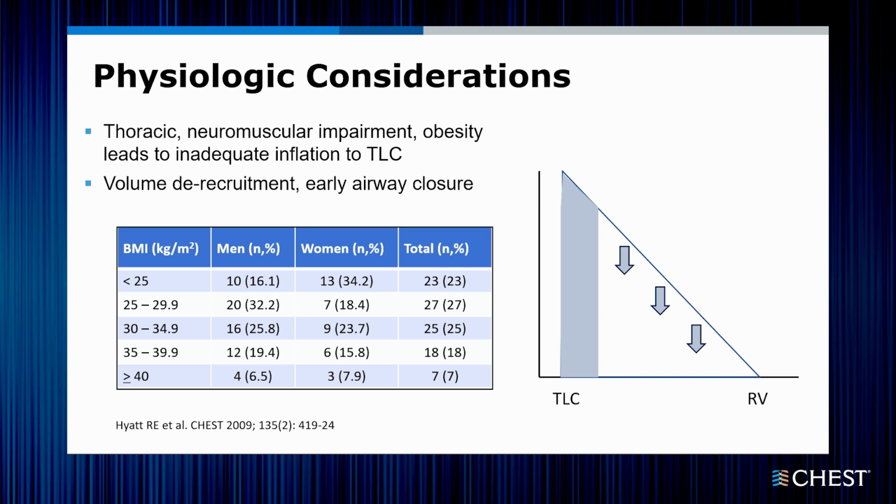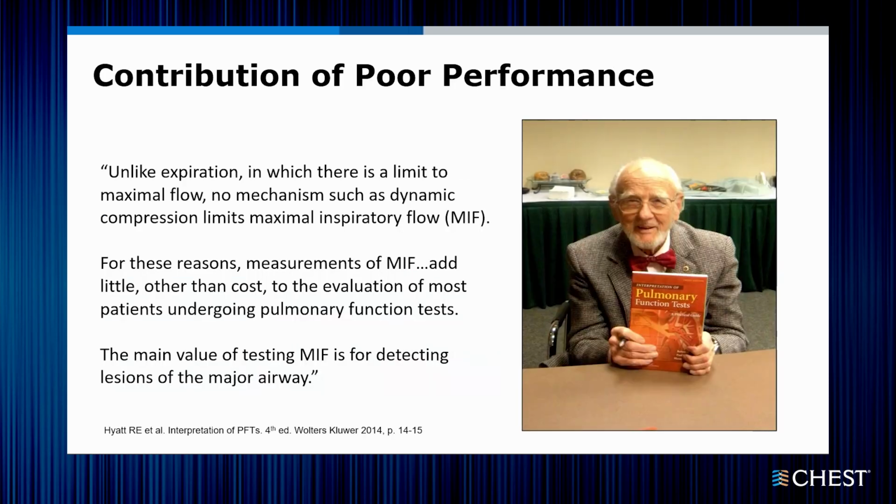And you can see in his initial study, there was actually a significant proportion of obesity at all levels with a nonspecific pattern. So let's talk a little bit about that first.